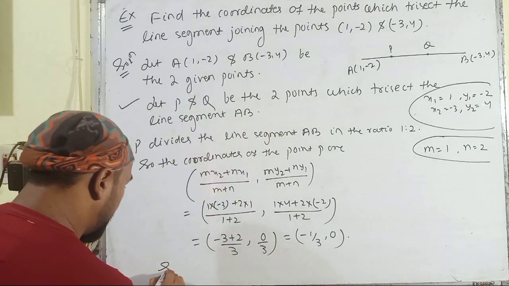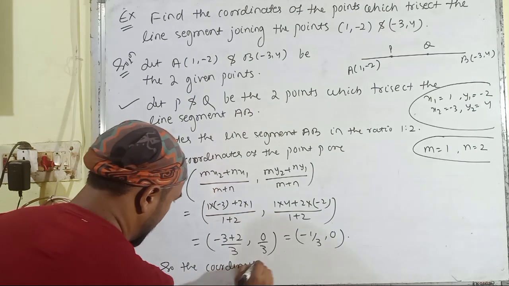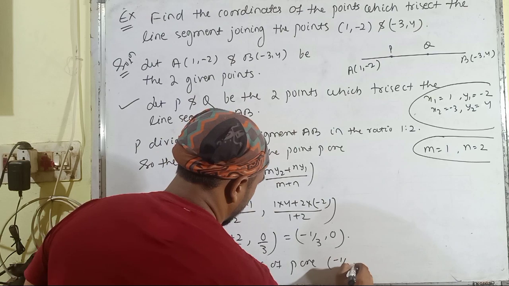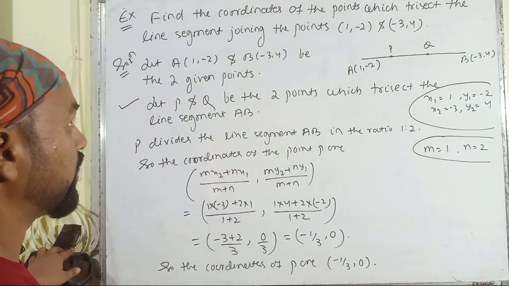So the coordinates of P are (-1 by 3, 0). Then we have to find out the coordinates of Q.